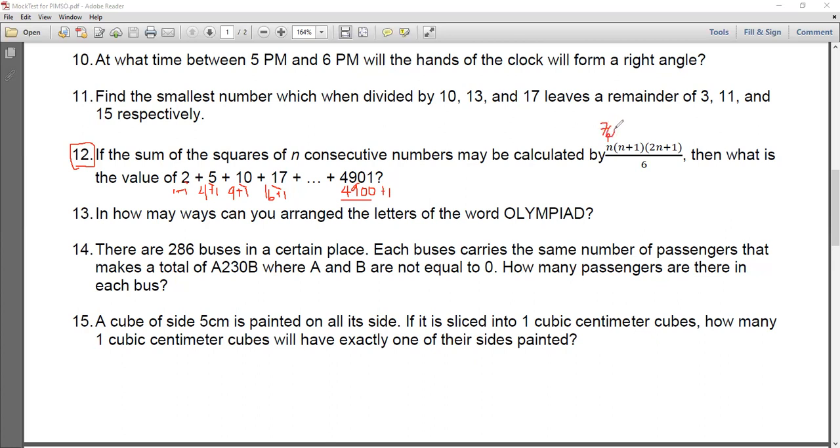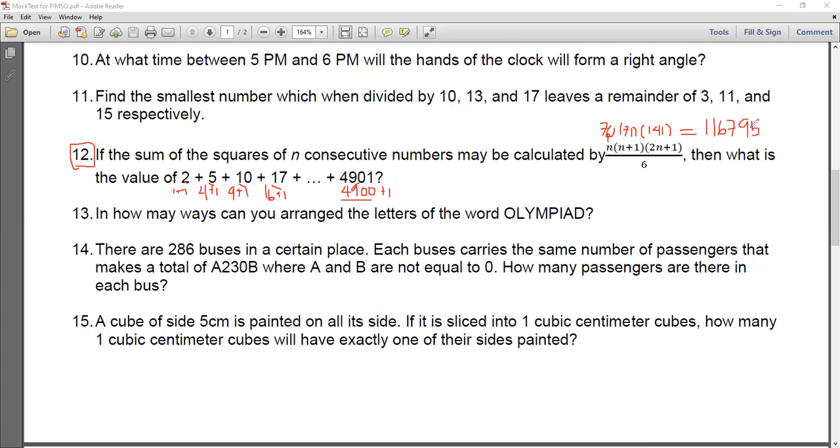So in that case, substitute 70 times 71 times 141 divided by 6. So doing that, 70 times 71 times 141 divided by 6, and we will get 116,795.